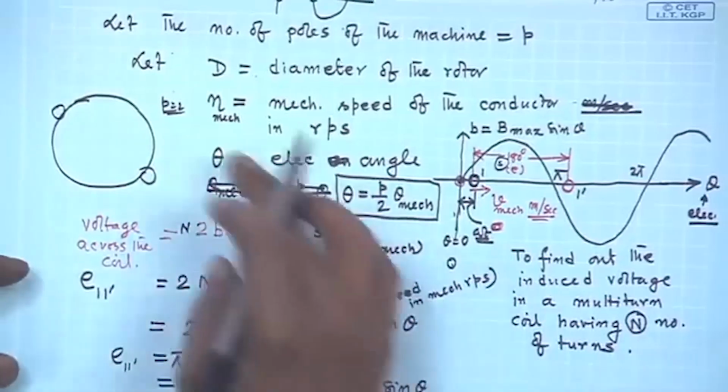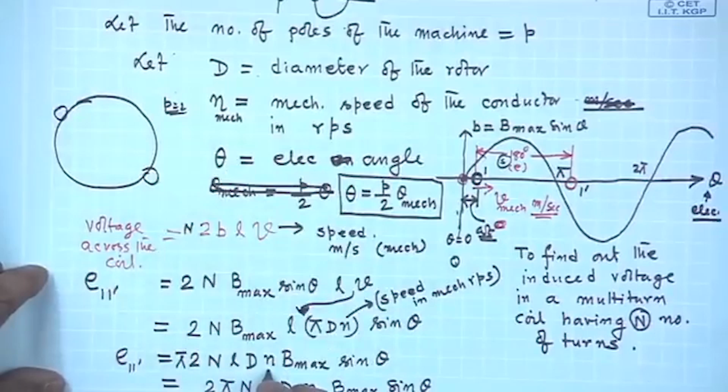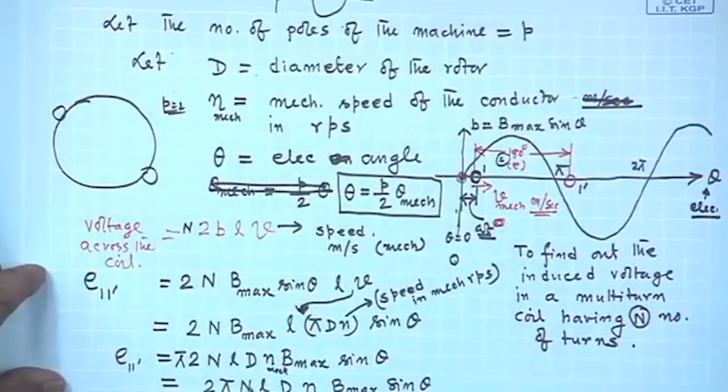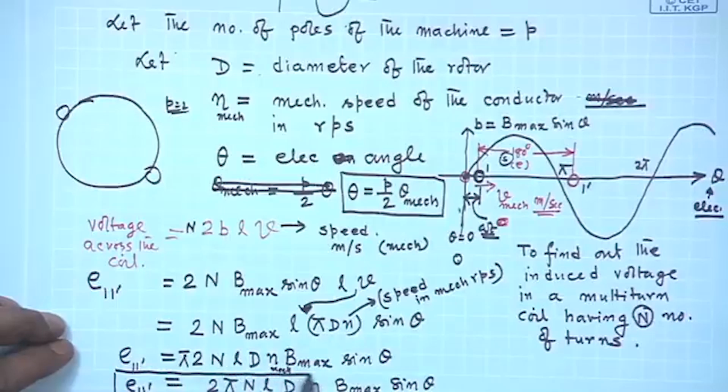So, this will be the speed, where n is mechanical. I leave this expression at this stage in this way.